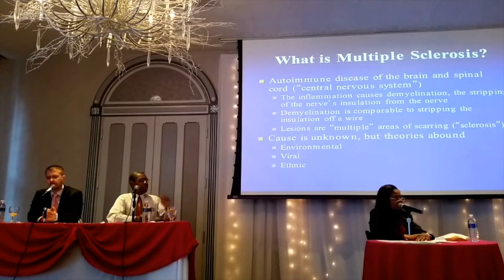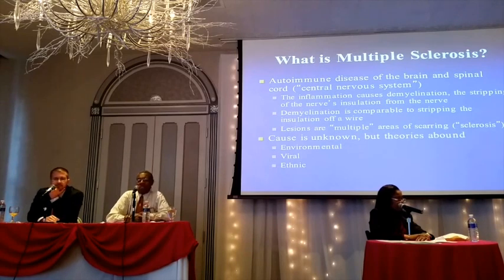So the most basic question is, what is multiple sclerosis anyway? The way I usually explain it to people is that the same immune system that you depend on to fight infections all of a sudden decides to fight the insulation around your nerves.